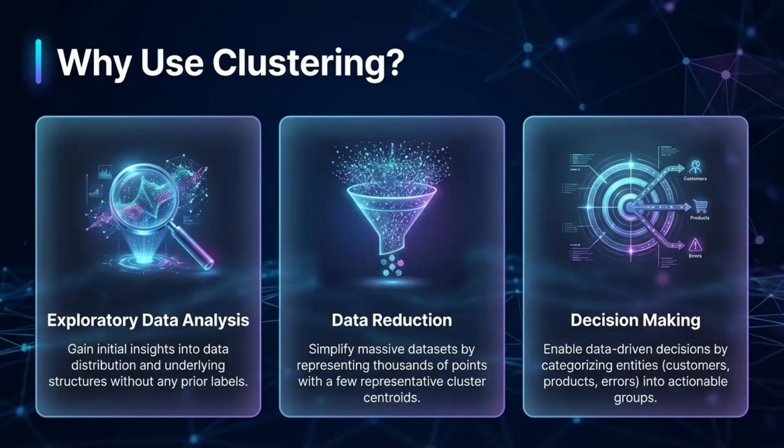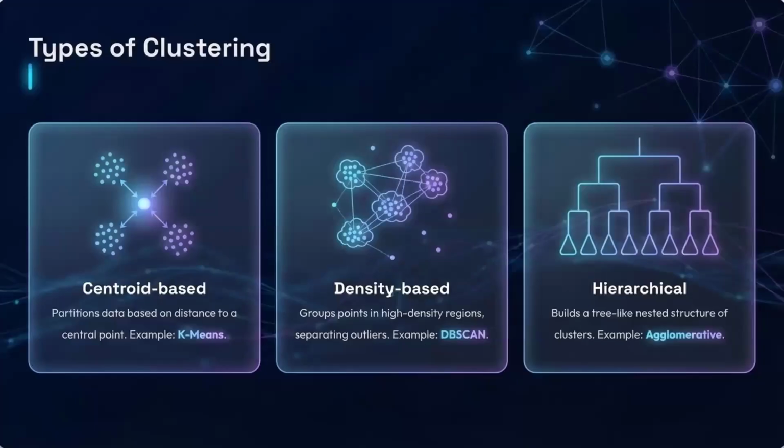And third is decision making: it enables the desired audience to take decisions by categorizing entities like customers and products, into customer groups and product groups, so that according to the customer groups we can target, and according to the product groups I can target. So this method creates certain groups and lets us target them.